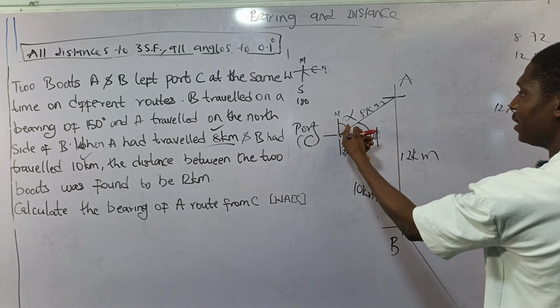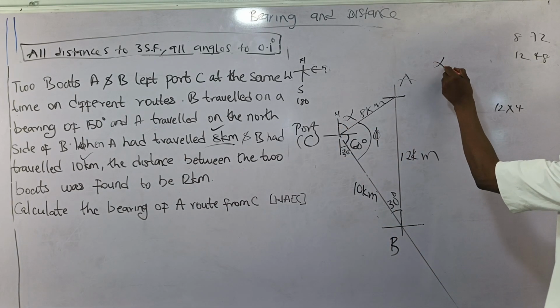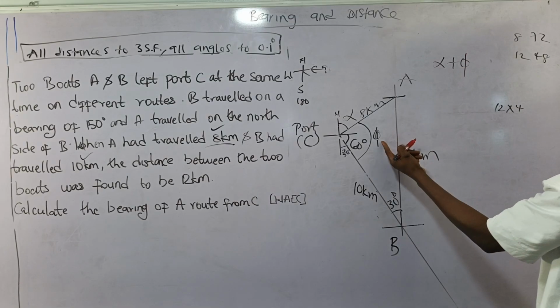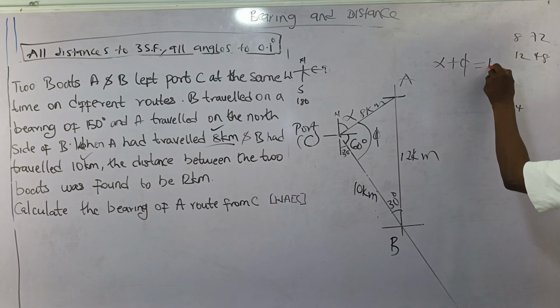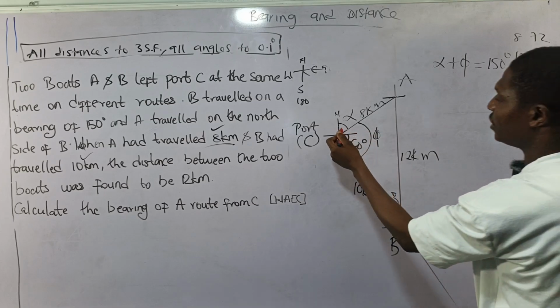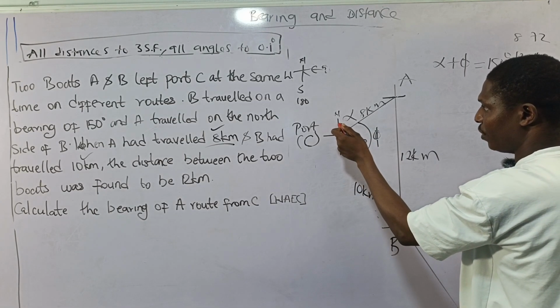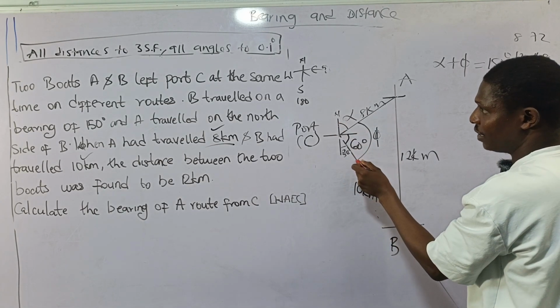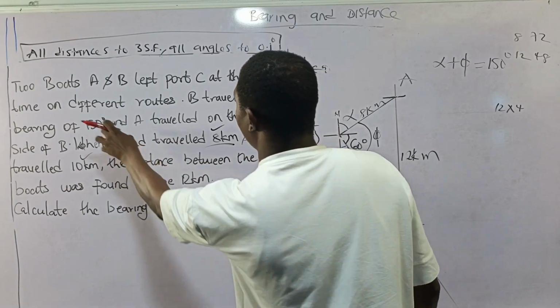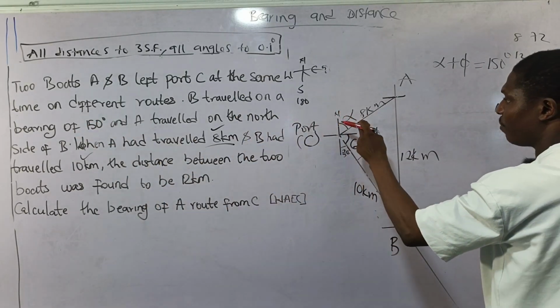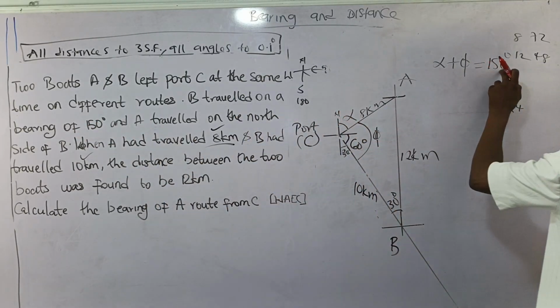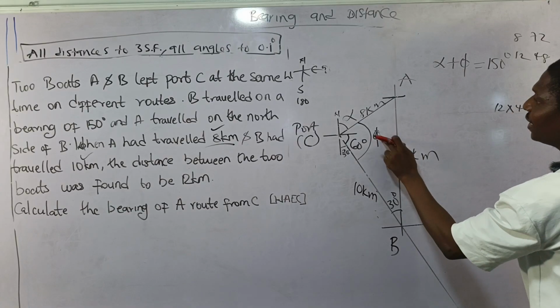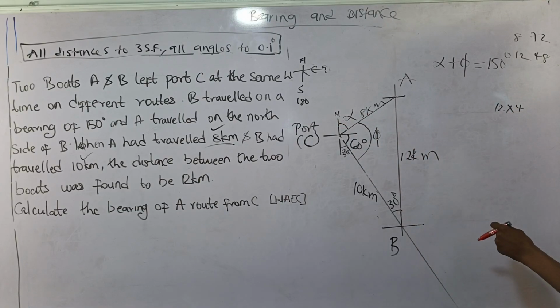I can simply say alpha plus phi is equal to 150 degrees, the angle sustained from the north to this very line. So if I can get my phi, I can easily get my alpha. So let's see.